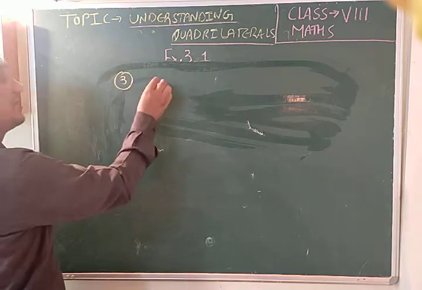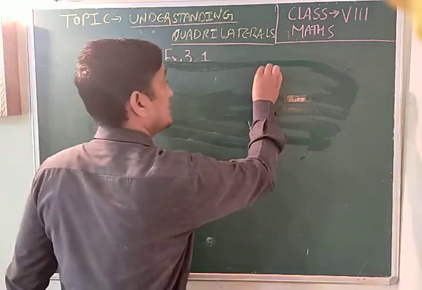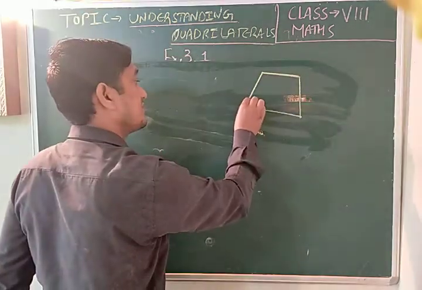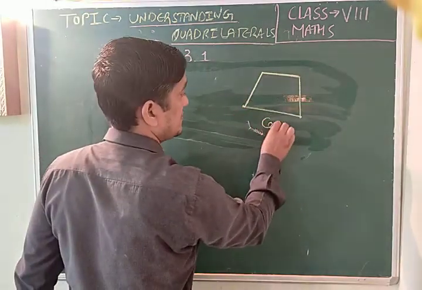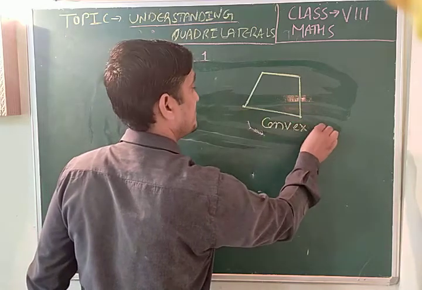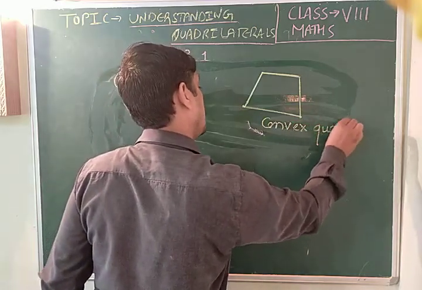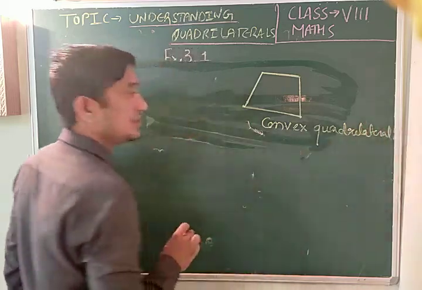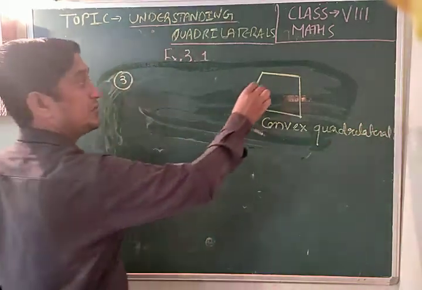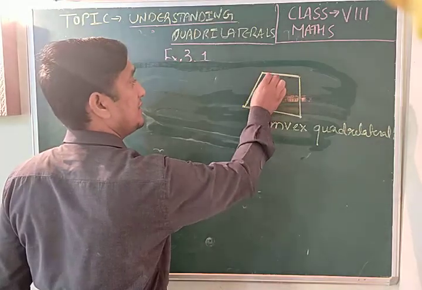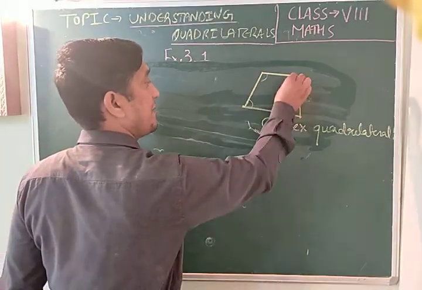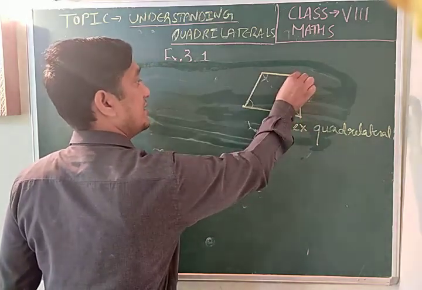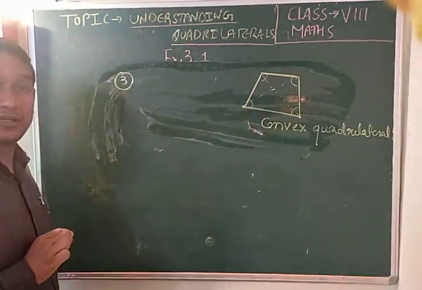Third question. This is a convex quadrilateral, and we know that in any convex quadrilateral, the diagonals lie inside the polygon.